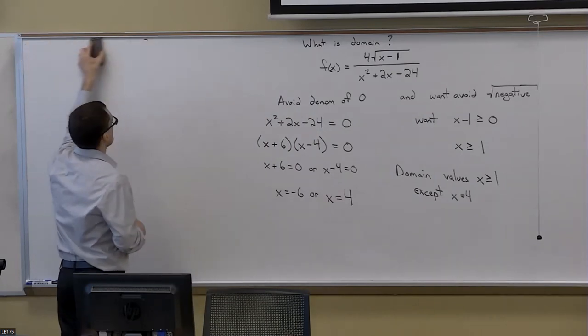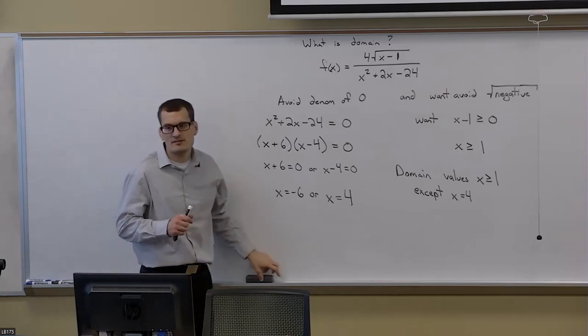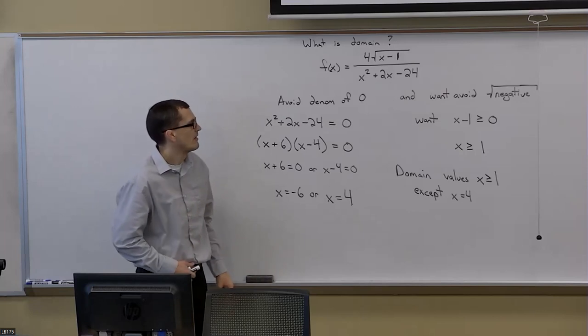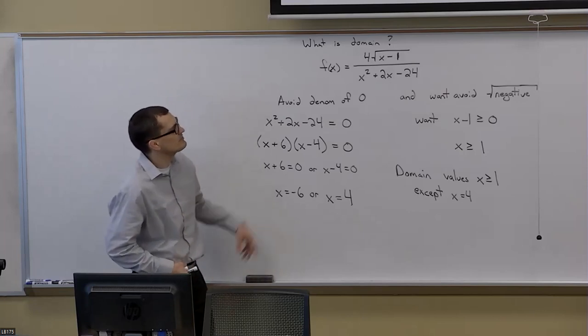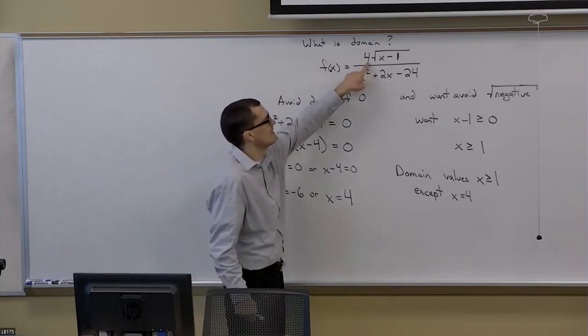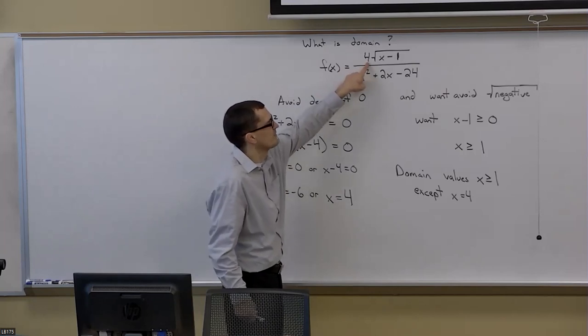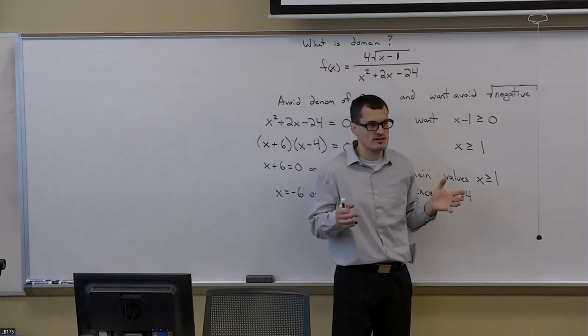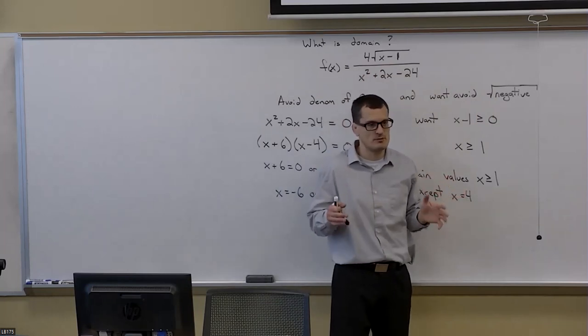Questions about domains? Yeah. Do we just ignore the 4 on the outside of that square root then? Yeah, so this 4 really doesn't impact because 4 times anything is whatever it is, right? You can multiply any real number by 4.